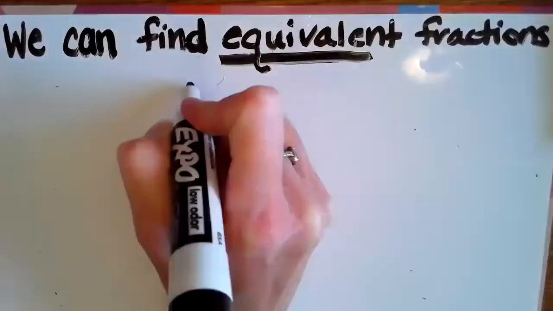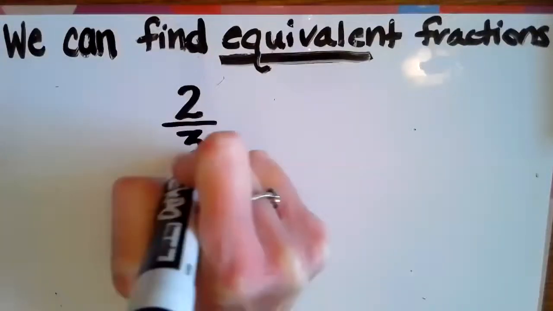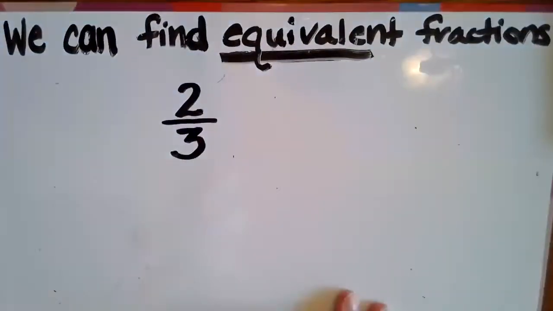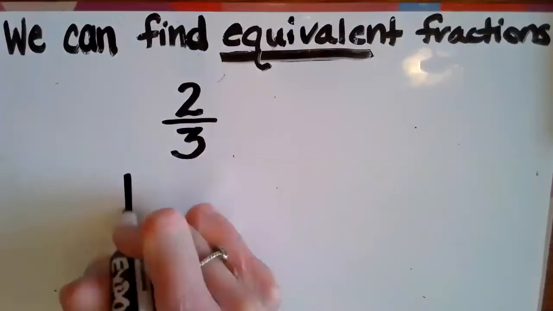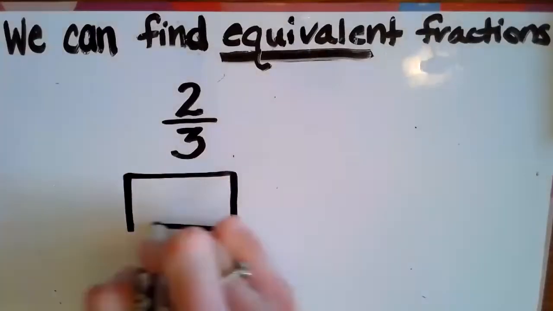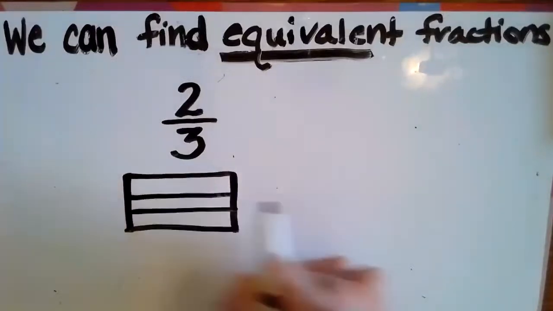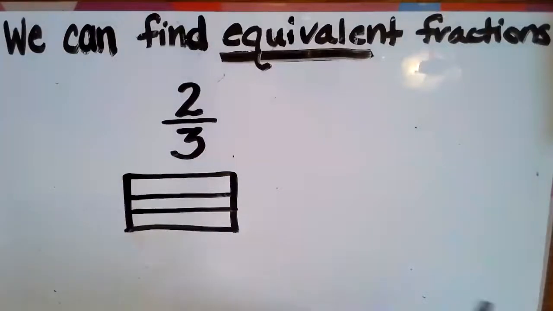If we are working with the fraction 2/3, we know that we can draw a model to represent 2/3. I'm going to choose to do an area model. I need to split it into thirds since my denominator is 3.